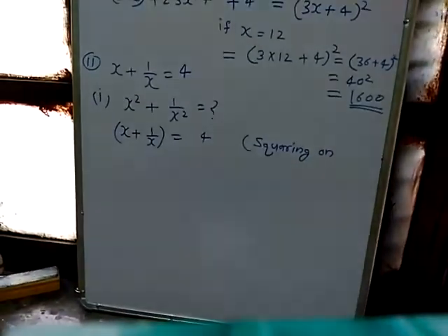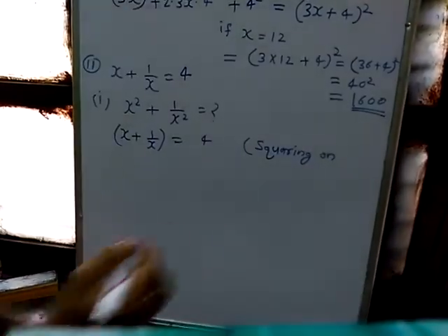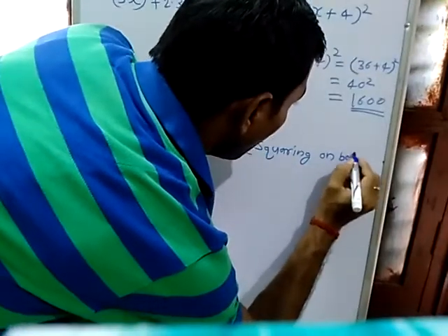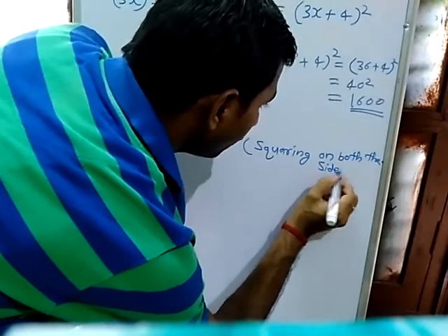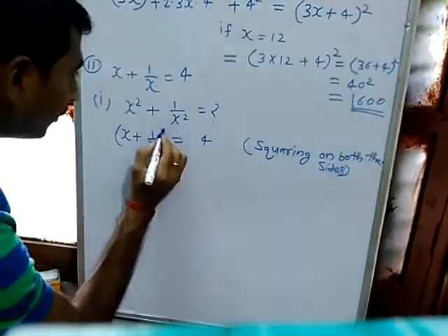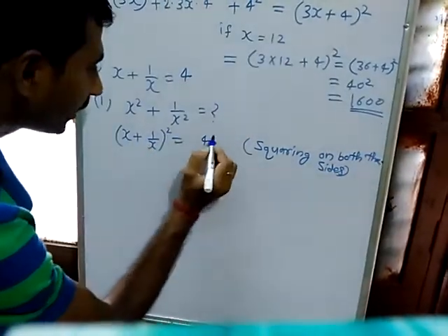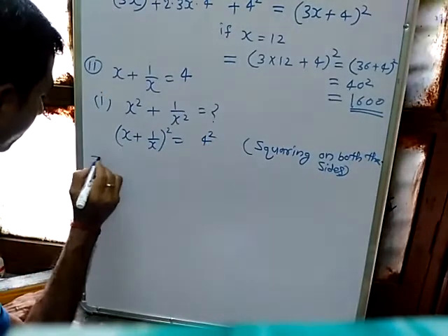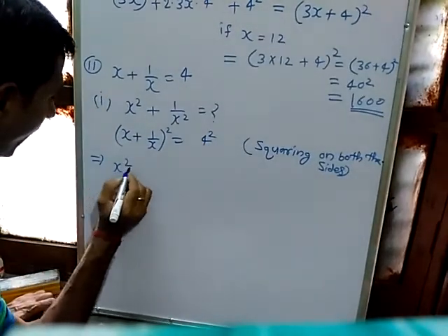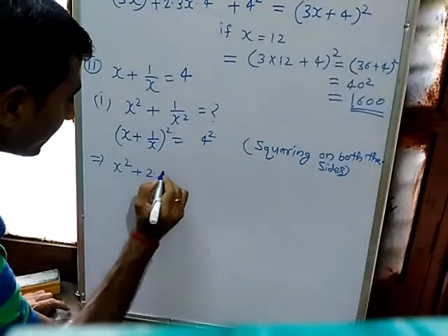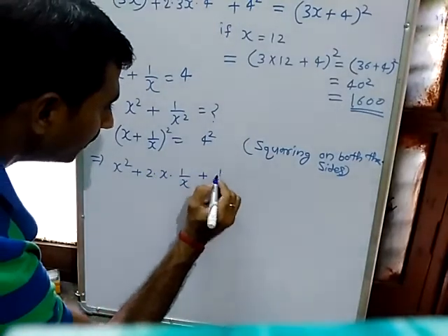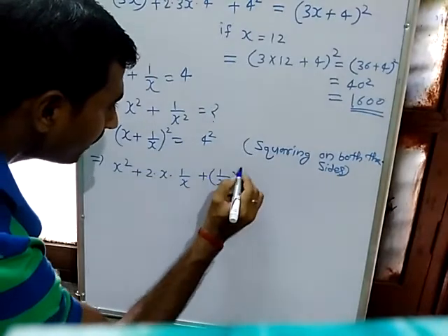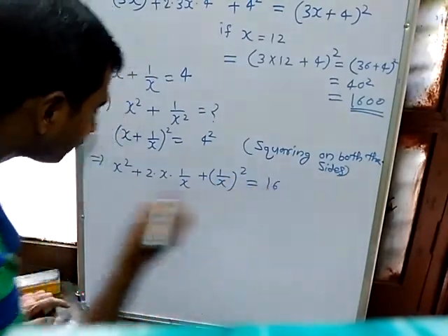We are going to square it, squaring on both the sides, right? When you square on both sides, what will you get? (x plus 1 upon x) whole square and 4 square. So look, we got x square plus twice of a into b, first identity, plus, in place of b, 1 upon x the whole square, is equal to 16.